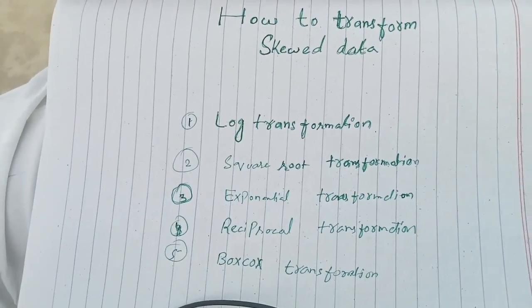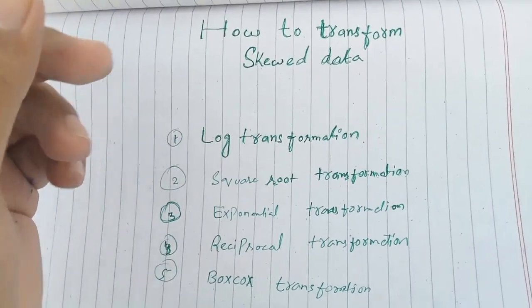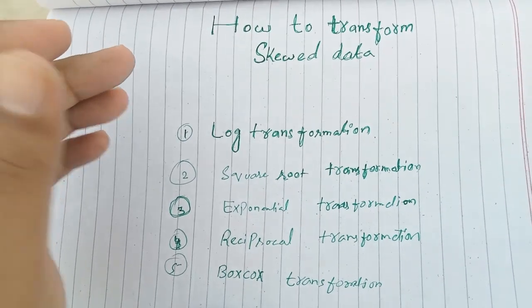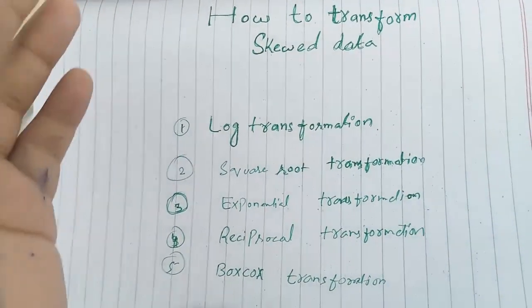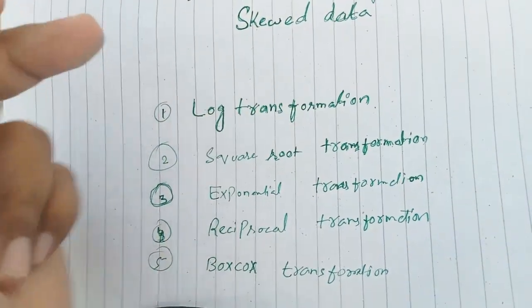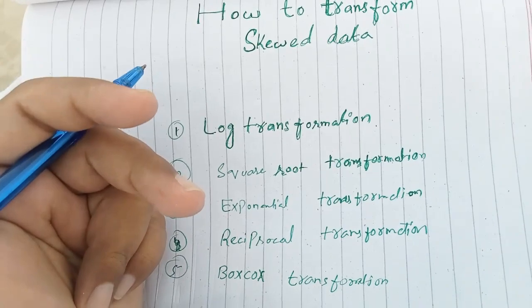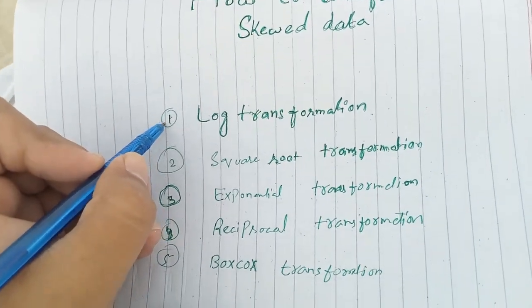Here are some techniques that we use if the data set is not normal. We try to transform the data set to a normal distribution that we can use in a model, like a regression model or a logistic model. So what kind of techniques are there?